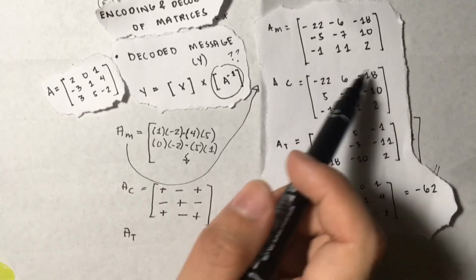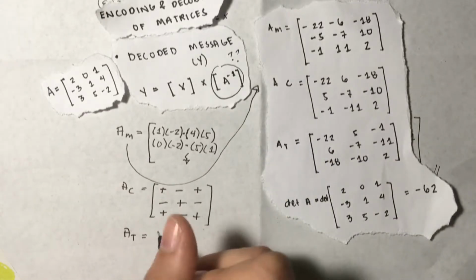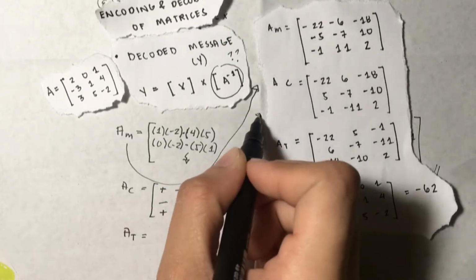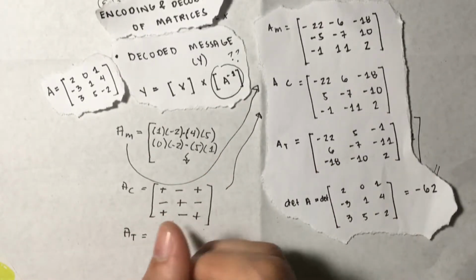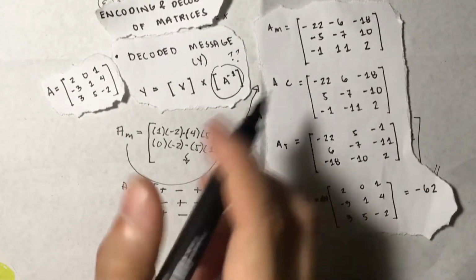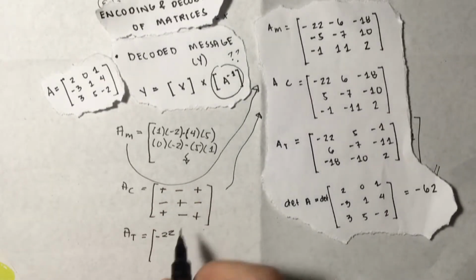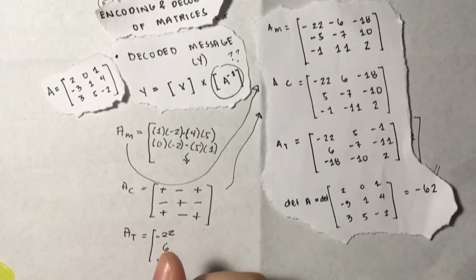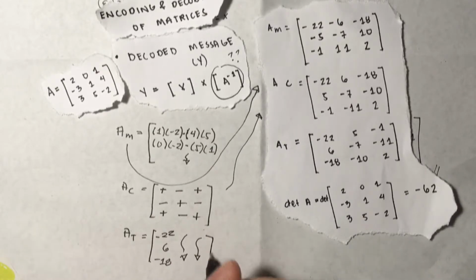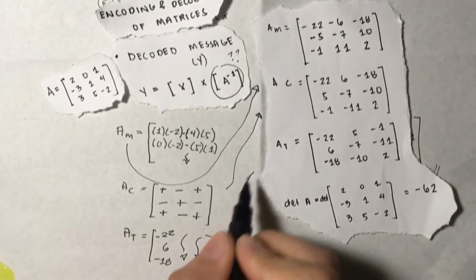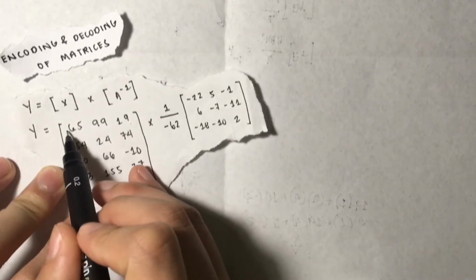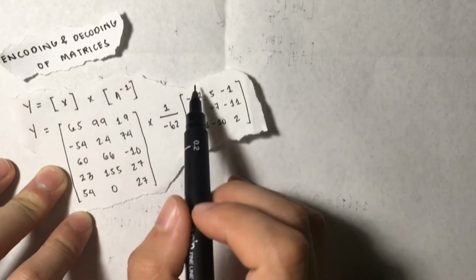We'll just multiply these signs to the matrix of the minor of A. After getting all those, we can now get the transpose of A. We'll simply transfer the first row of the cofactor of A to be the first column of our transpose of A. Now we are able to decode the message, or crack the message, at last.